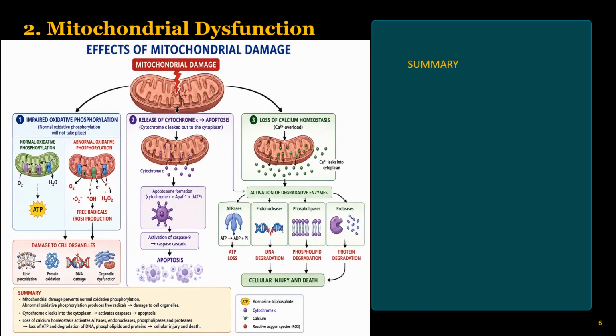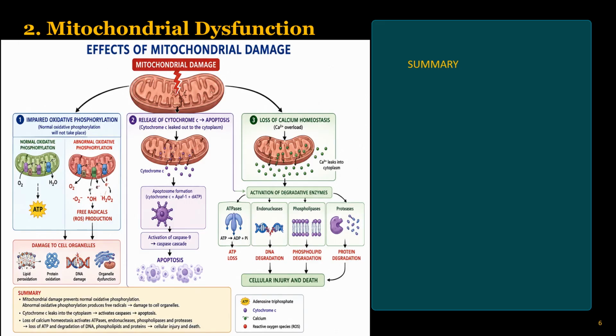But in this scenario, the mitochondria is damaged. What are the effects of the mitochondria being damaged? Let's look at what we have here. If the mitochondria is not damaged, it is going to lead to the production of ATP. But if the mitochondria is not performing its job properly, meaning it is damaged, it is not going to produce ATP, but rather free radicals through abnormal oxidative phosphorylation.